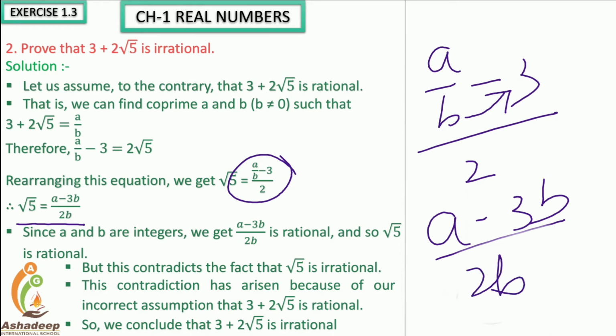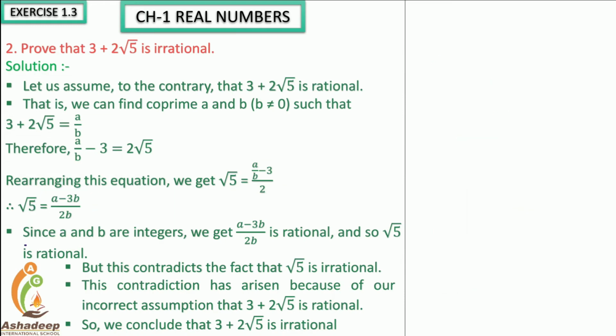Therefore a minus 3b upon 2b. Since a and b are integers, this number is a rational number. So root 5 is also a rational number.